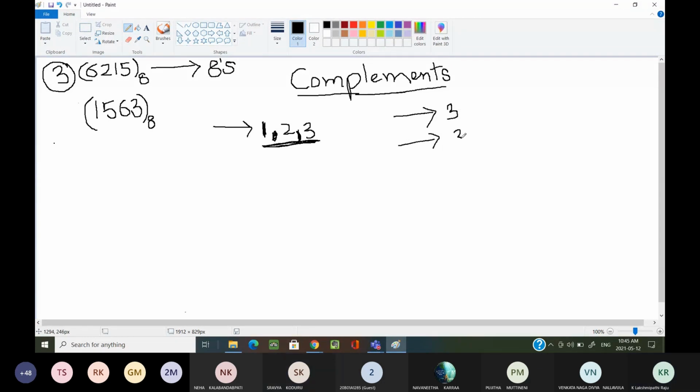Third problem, 4 digits. Now, whenever we are converting the decimal number into octal, if you observe here, you are getting the same number. Same number means 1000. Here you are getting the same 1000.